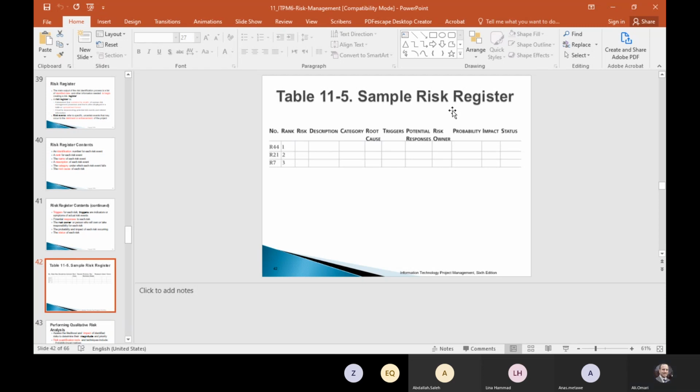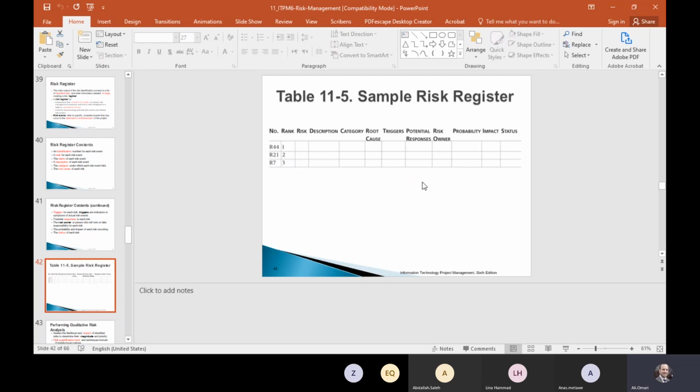This is an example of how you design a risk register, and as mentioned, a risk register could be a spreadsheet. The number of the risk, you put a numbering criteria, and the rank, risk, description, category, root cause, and so forth.